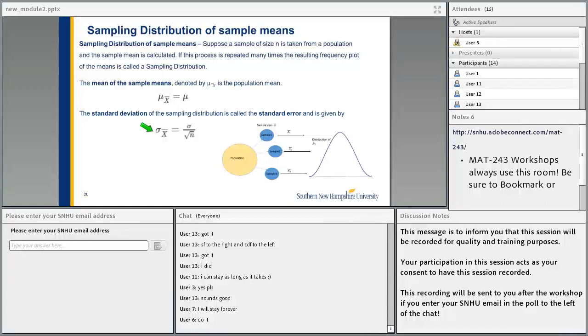The standard deviation will be different from the population standard deviation. So the standard deviation now will be given by sigma over square root of n. Anybody has questions? N is the sample size.